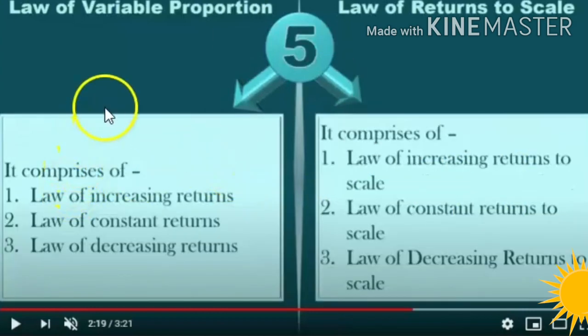In variable proportion you can see the law of increasing returns, the law of constant returns and the law of decreasing returns. At the same time, returns to scale also comprises the law of increasing returns to scale, the law of constant returns to scale and the law of decreasing returns to scale. So both are almost the same.